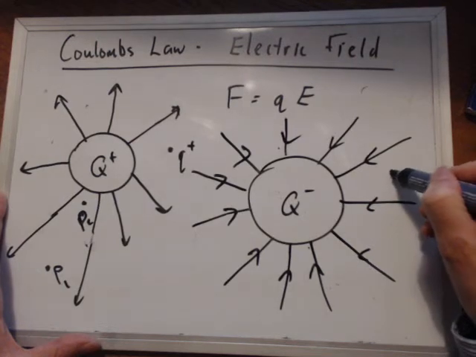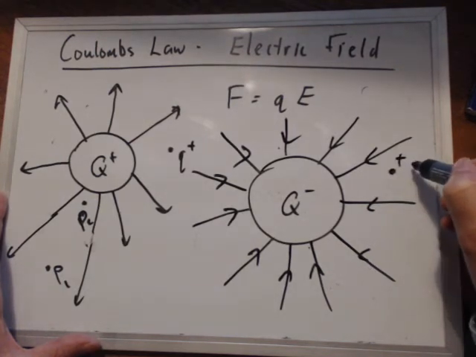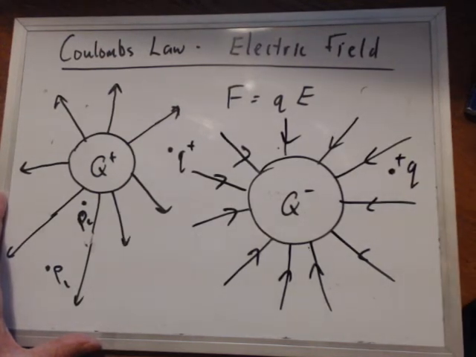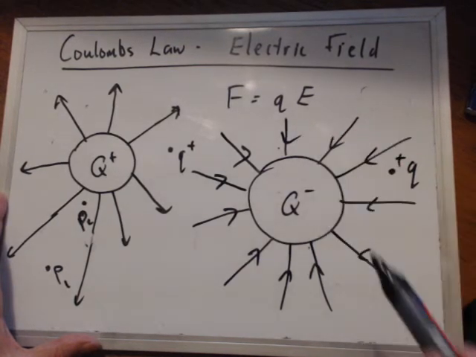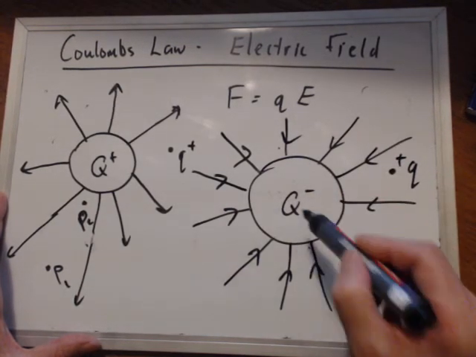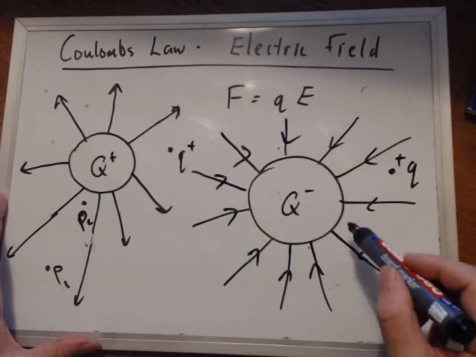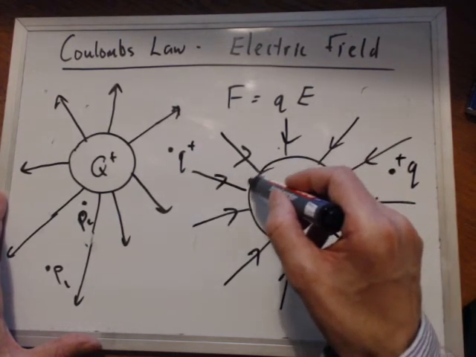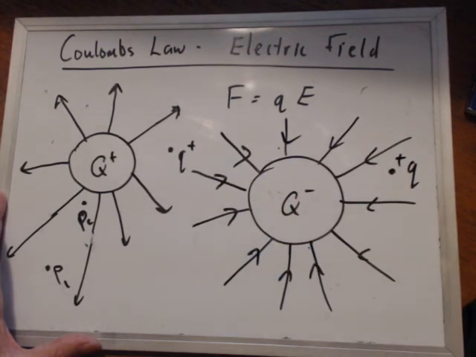So imagine this is our small test charge, and the lines are acting towards the middle, but they would stop because there is no electric field in the center, and the maximum electric field strength is on the surface of the sphere.